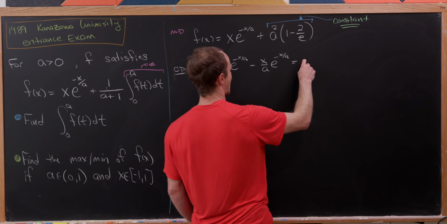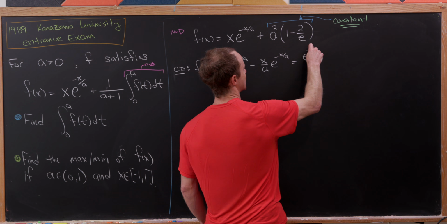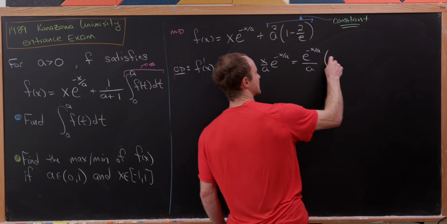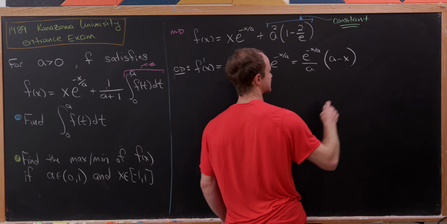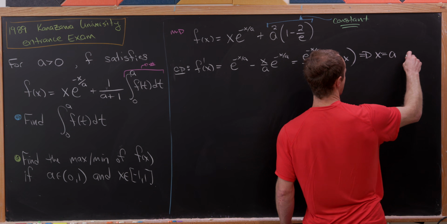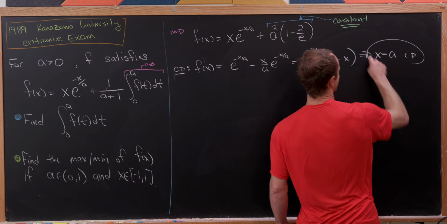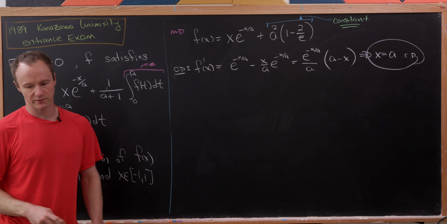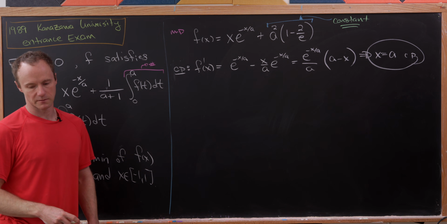I'm going to maybe factor an e to the minus x over a out of the whole thing. That'll leave me with a minus x. So what does that tell us? That tells us that if x equals a, that is a critical point. And that's because that's where this derivative will be equal to 0.